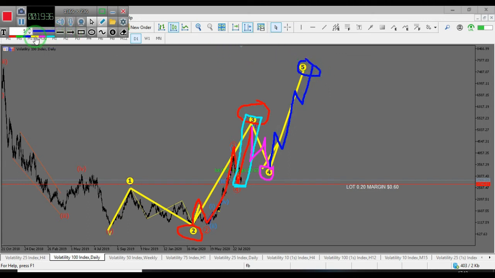And we are going again to have an A, a B, a C. So this will be an A, this will be a B, this will be a C. And we're going to have something like 1, 2, 3, 4, 5 here, A, B, C, and then 1, 2, 3, 4, 5.